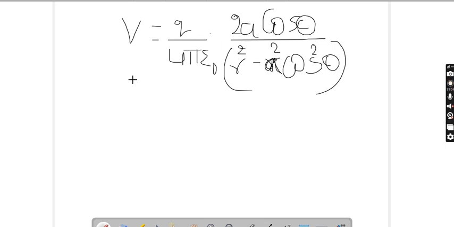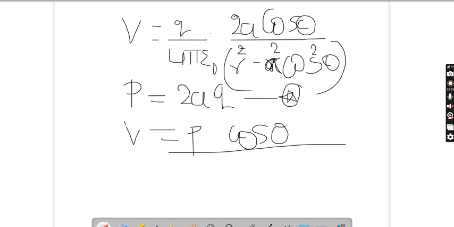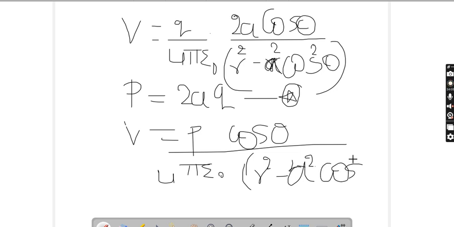See here, 2A into Q, I have told you that P is equal to, what is the dipole? 2A into Q. So that's why V becomes P into cos theta, whole divided by 4 pi epsilon naught into R square minus A square cos square theta.